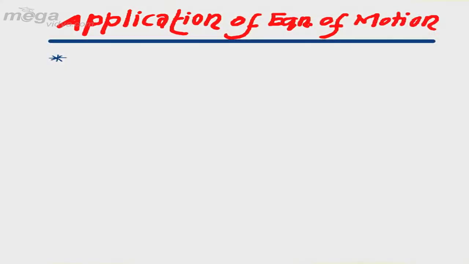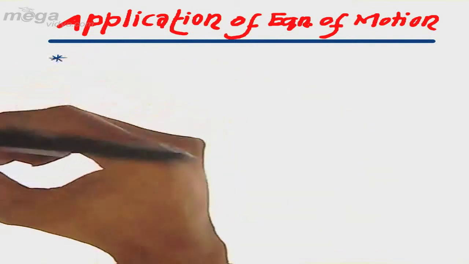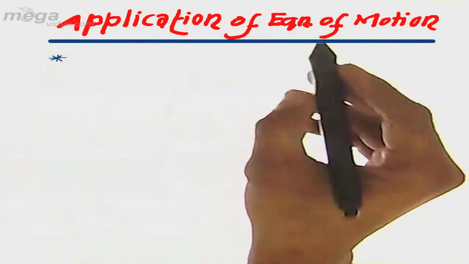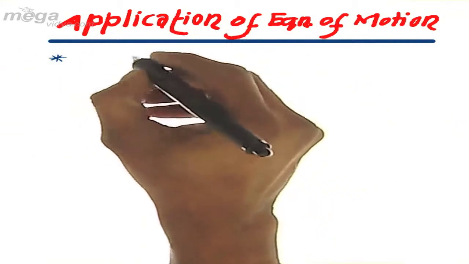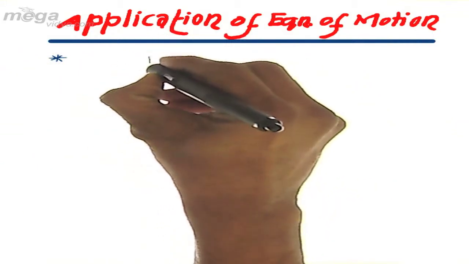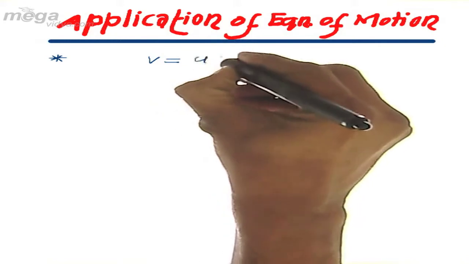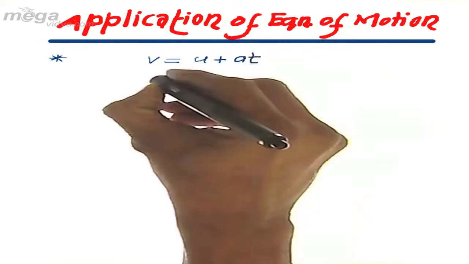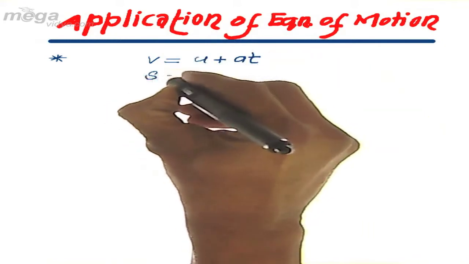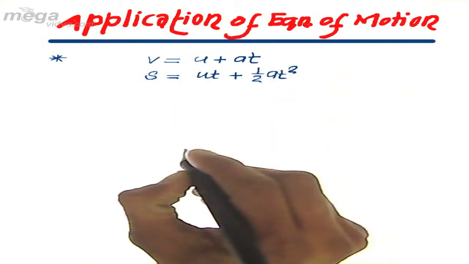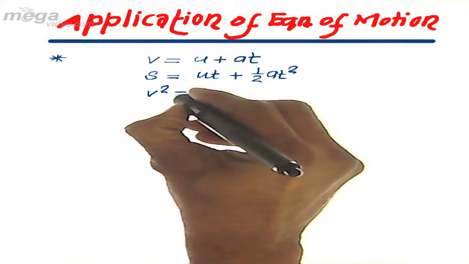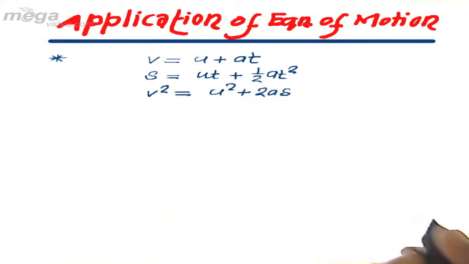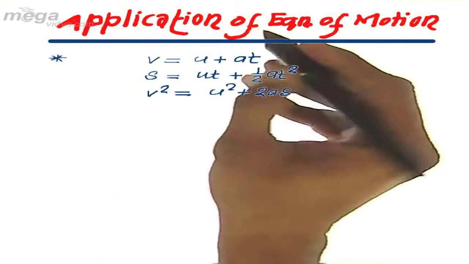if we want to recap and review the equations which we have achieved in previous lectures, the three basic equations of kinematics are: the first equation, v equal to u plus at; the second equation, s equal to ut plus half at square; and the third equation, v square equal to u square plus 2as. Now the equations seem very simple.